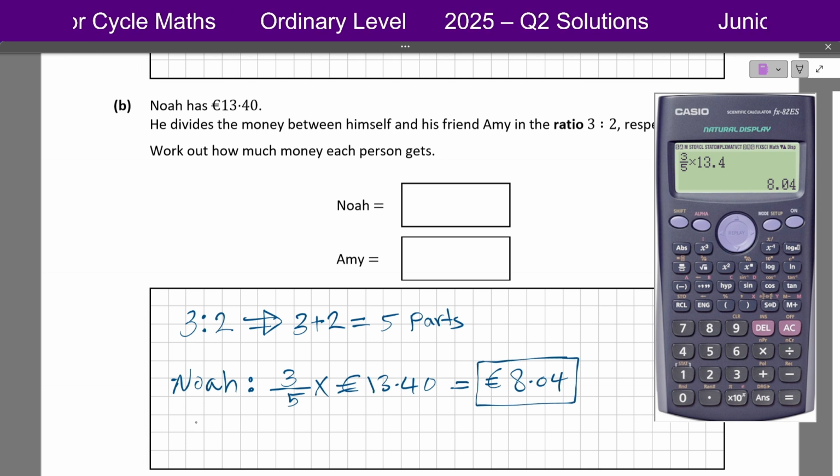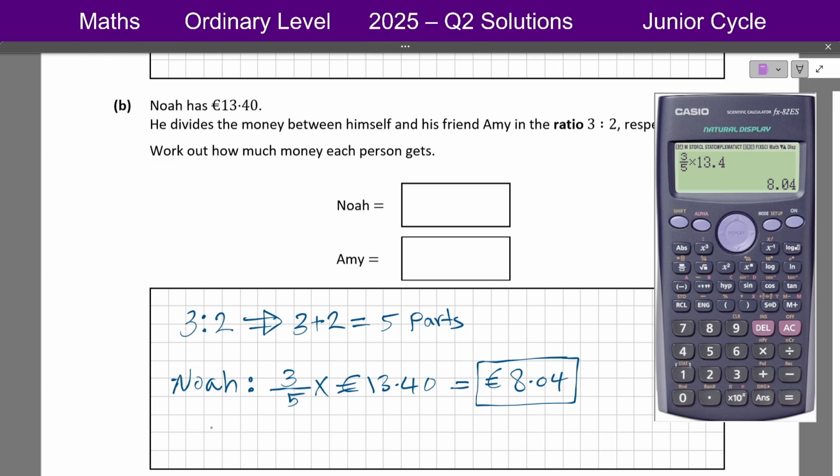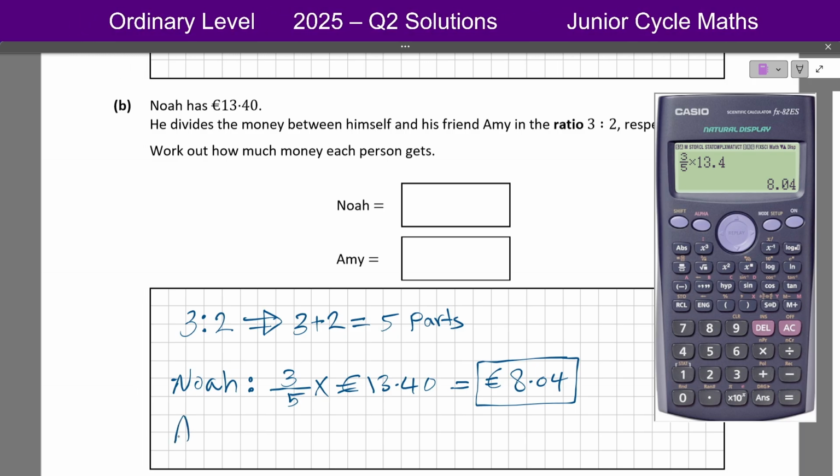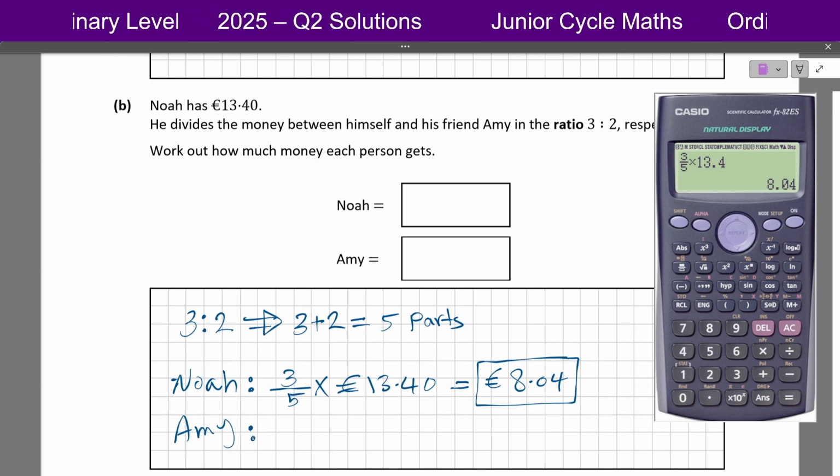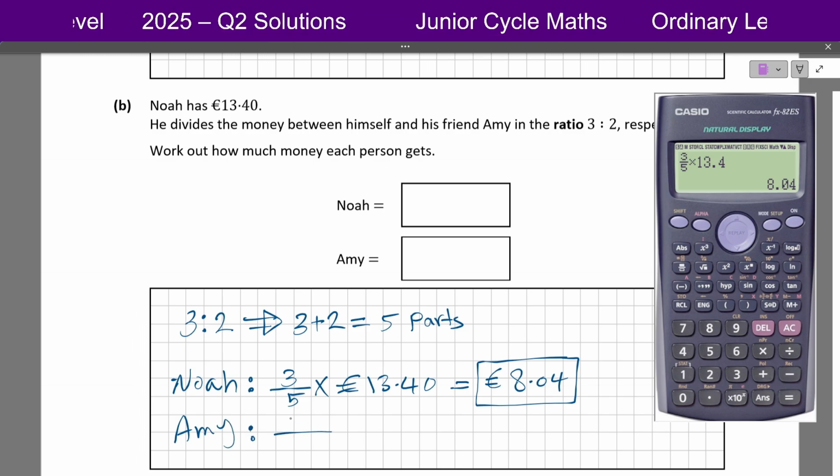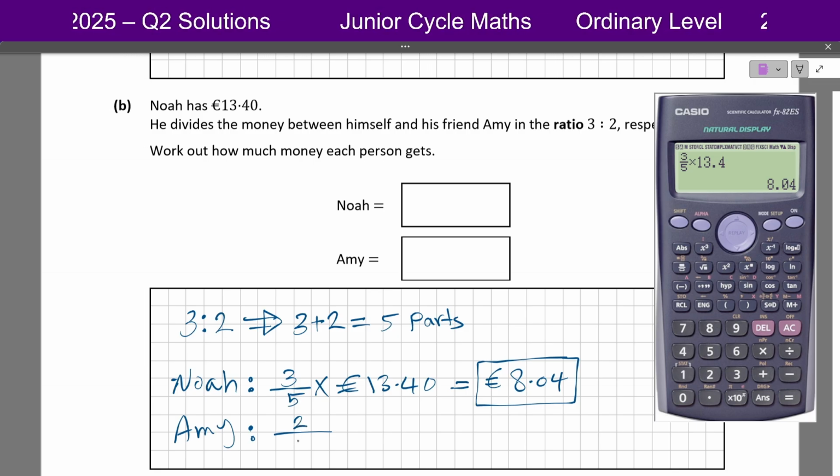We repeat the same process for Amy. She gets only 2 parts out of 5.